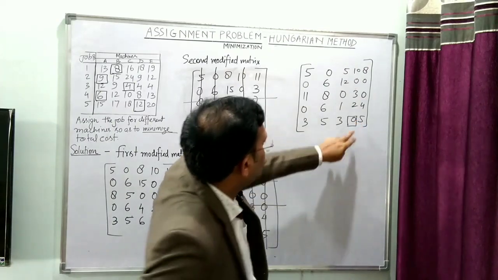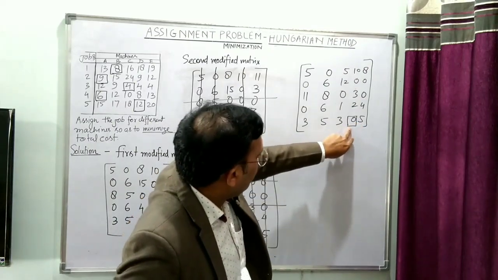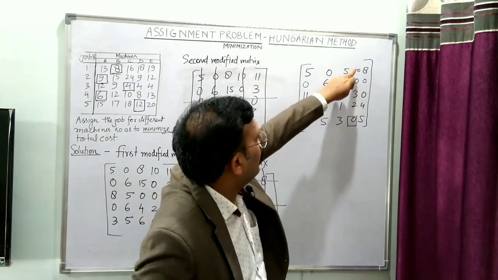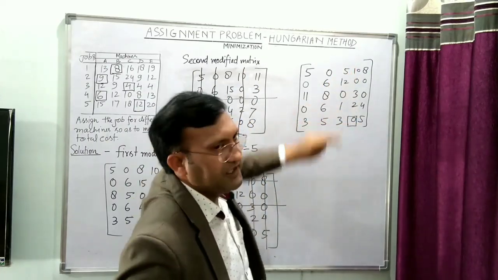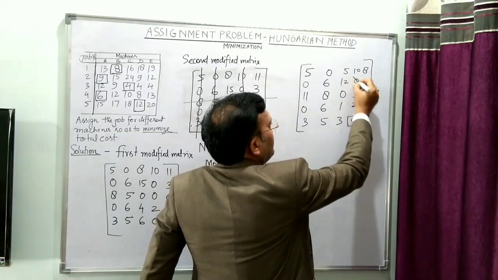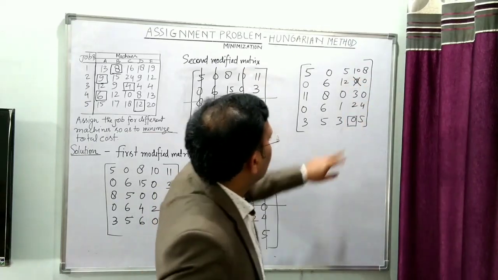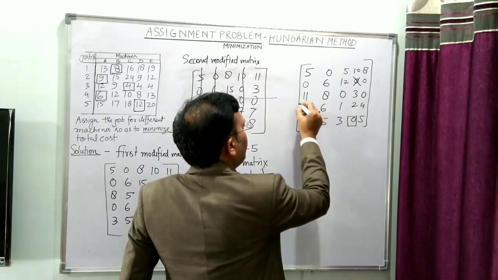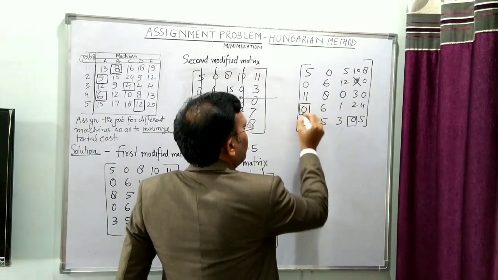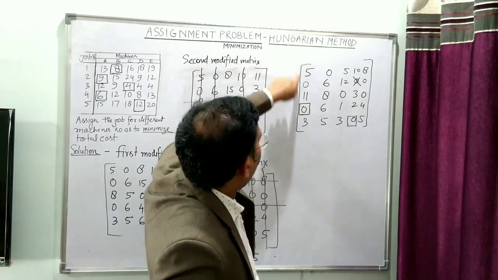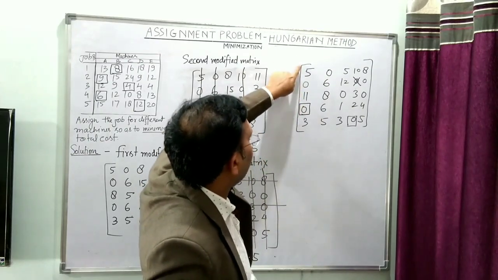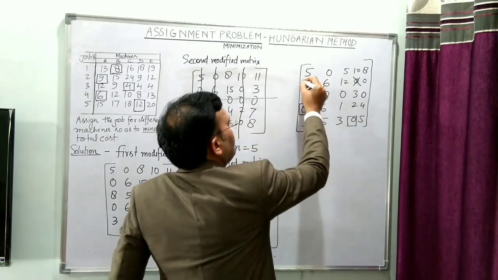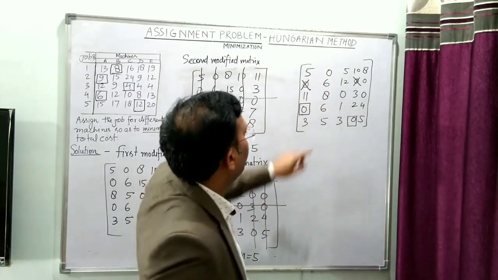Once we assign here, all the other zeros in that particular column or row will be cut. Now we can move to further assignment. So we are going to assign over here, and the other zero in that particular column or row will be cut.